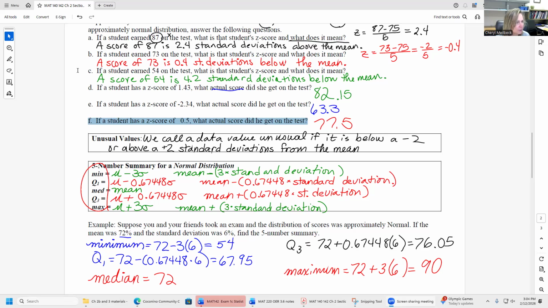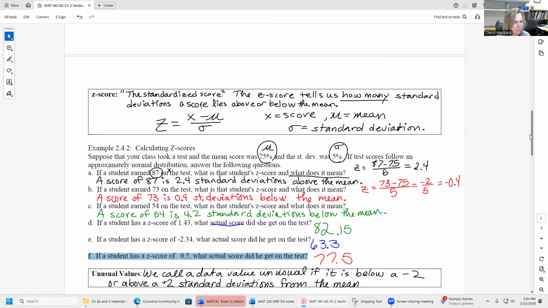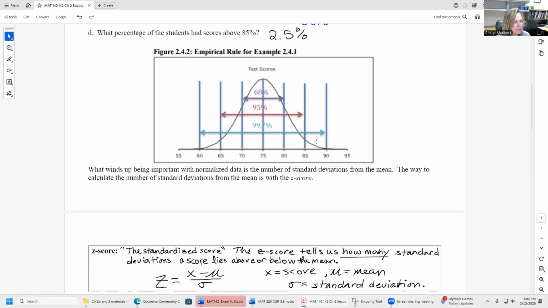Here we also will be defining, okay, we just did this problem above. Now we want to define unusual values. Remember in our empirical rule, we said that 95% of the data, here with that red line, lies within 2 standard deviations of the mean. So what that means is only 5%, 2.5% above and 2.5% below, lie outside that.